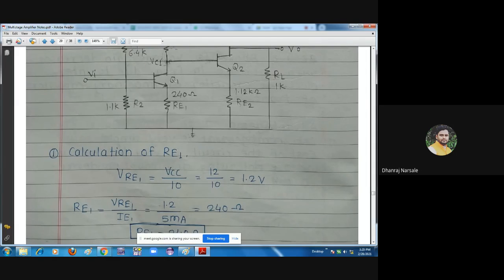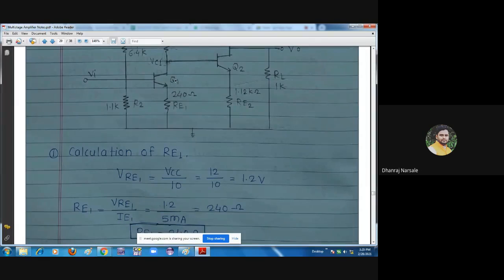Okay, so as this is a transistor Q1, this is the NPN transistor. This is the emitter terminal, this is the base terminal, this is the collector terminal. So here the current flowing through this terminal is the IE1 because we are using here transistor Q1. That's why the notation for the current flowing through this branch is the IE1.